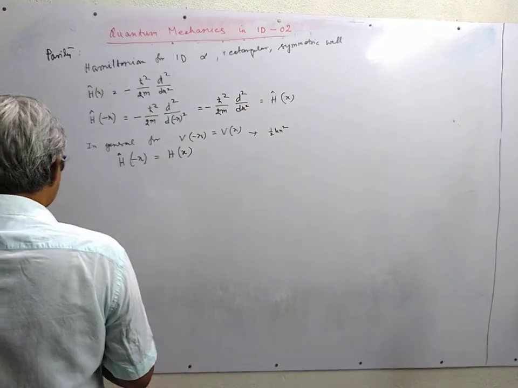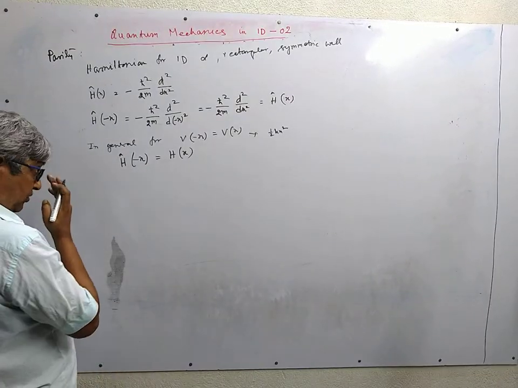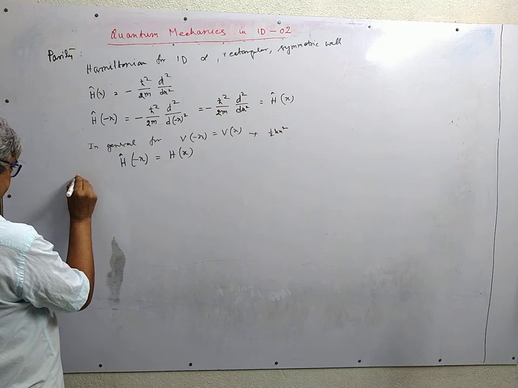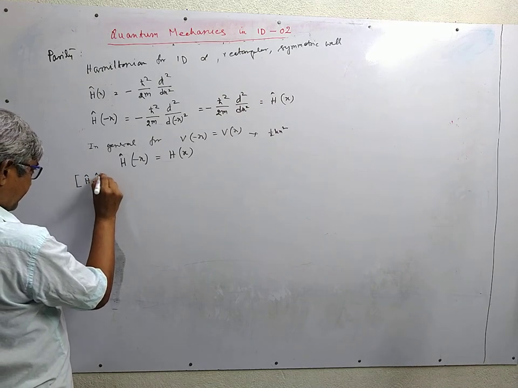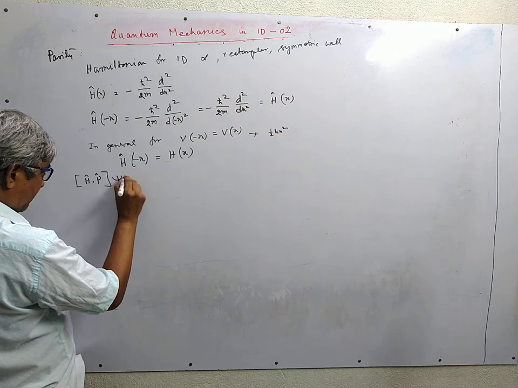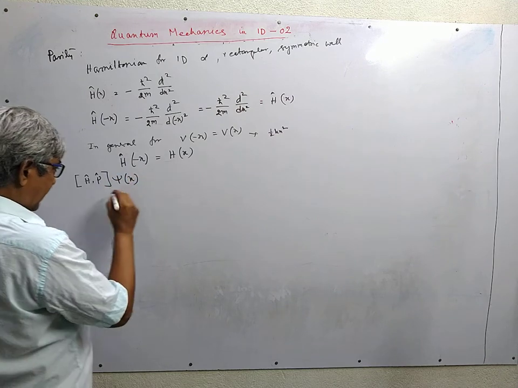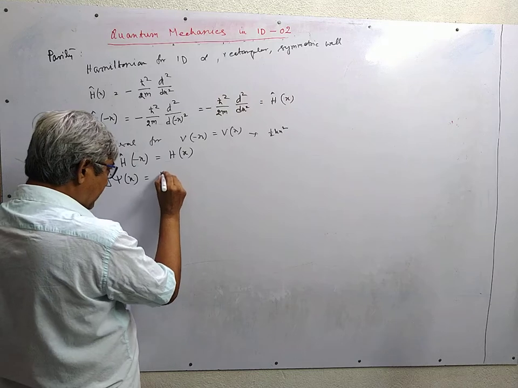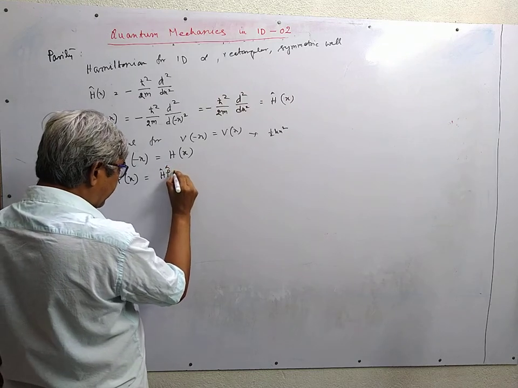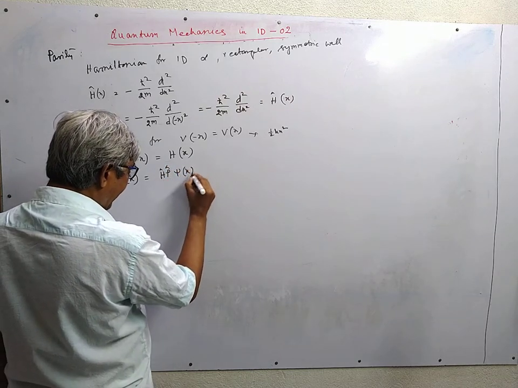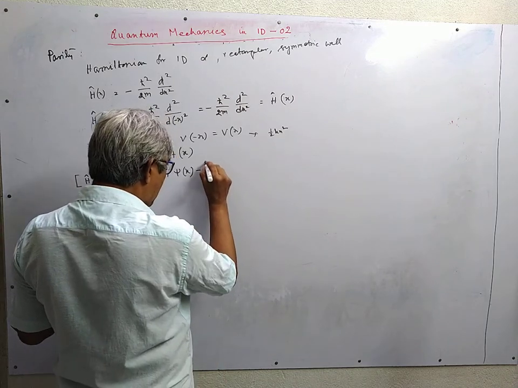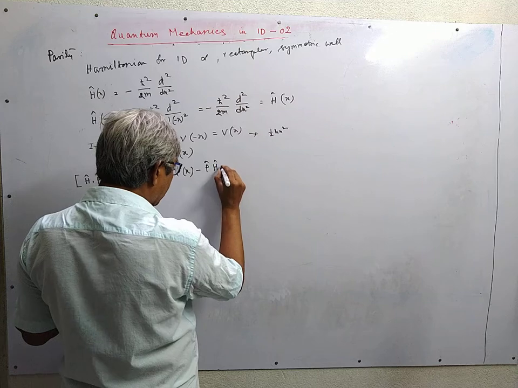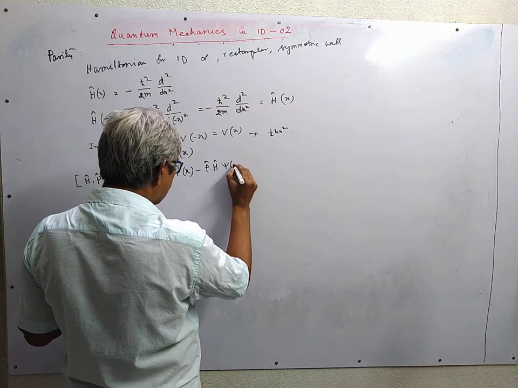Now we consider the commutator of the Hamiltonian and parity, and it operates on a wave function psi of x. Writing explicitly, it is H operator, P operator operating on psi of x, minus P operator, H operator operating on psi of x.